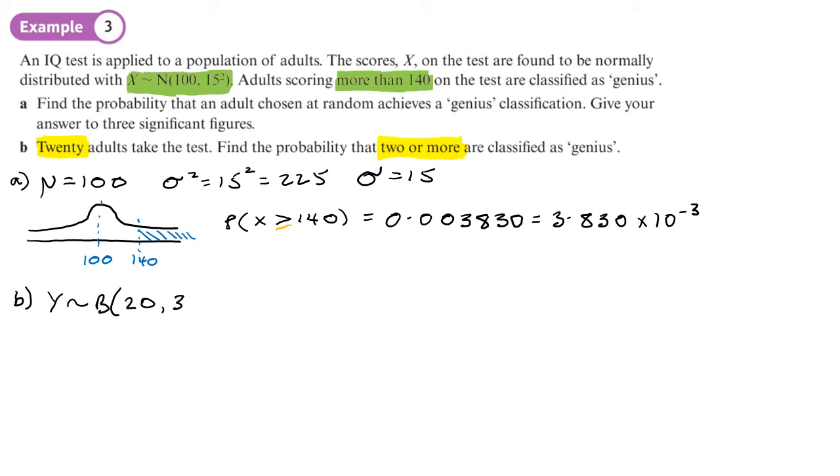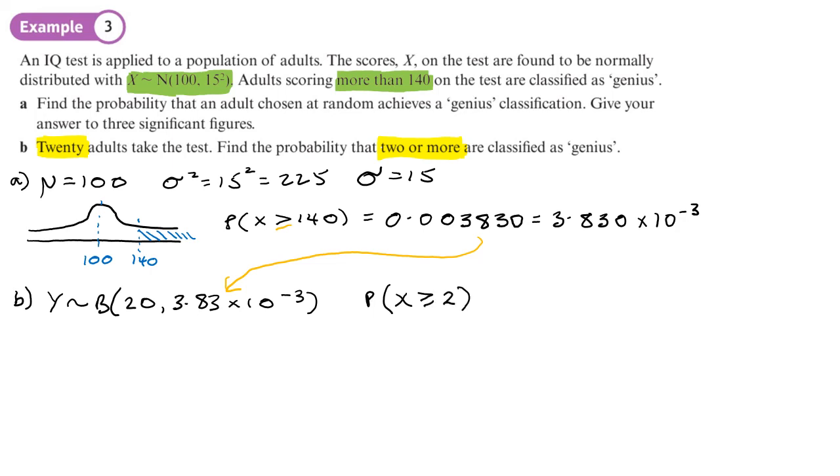So 3.83 times 10 to the minus 3. This quite often happens. In part A of the question, you work out a probability, and in part B, you use that probability in a slightly different context. Binomial here. Right, okay, and we want to find the probability that 2 or more are classified as genius.